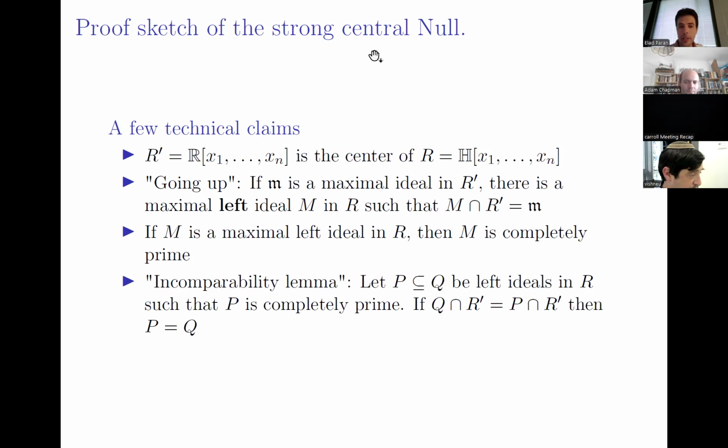And the third is the so-called incomparability lemma, which states that if you have two left ideals P containing Q in R, and P happens to be completely prime, then if the contractions of these two ideals agree on the center, then the two ideals are already the same.